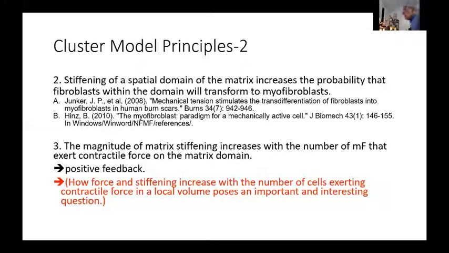And that can lead to a positive feedback because, as I said, when stiffening is increased, there's an increase in the probability of fibroblasts becoming myofibroblasts. And so the more fibroblasts become myofibroblasts, the higher the stiffness, and therefore the higher the growth rate of the number of myofibroblasts in the matrix.